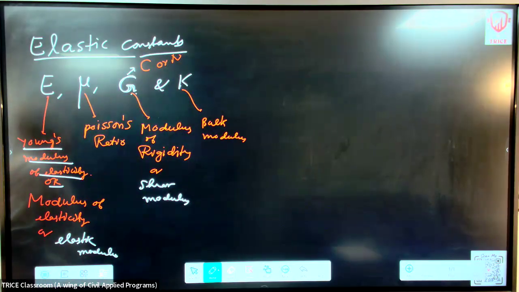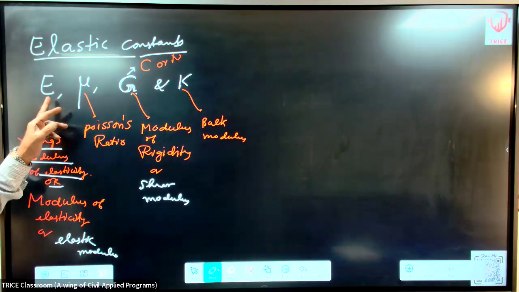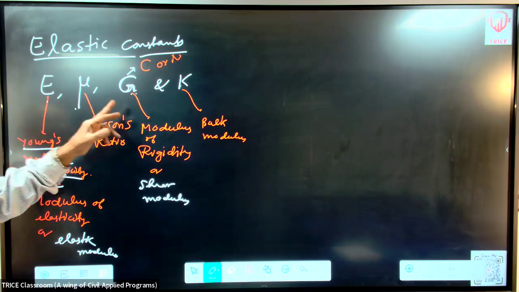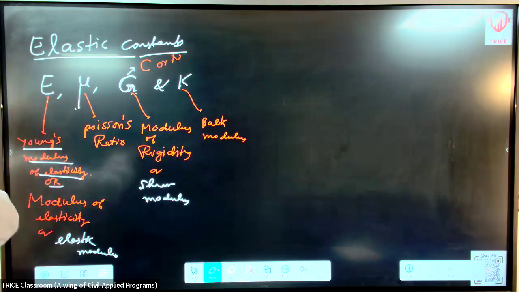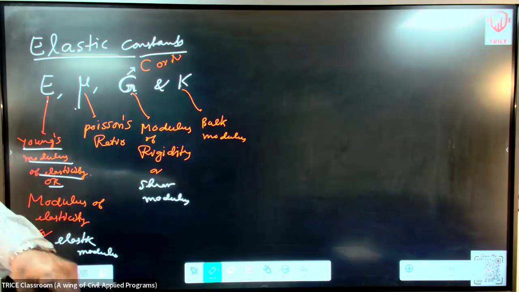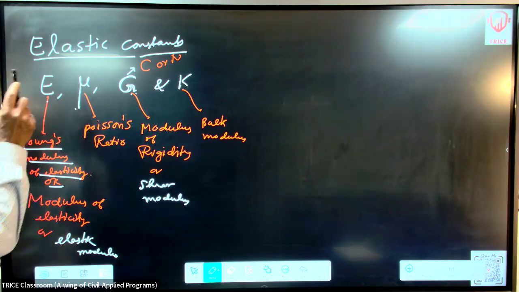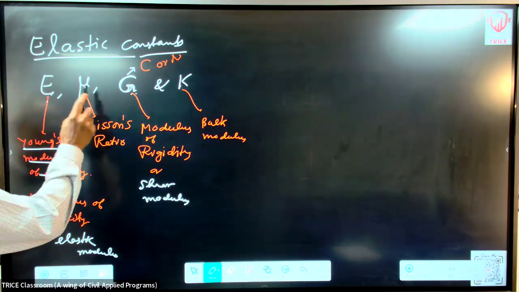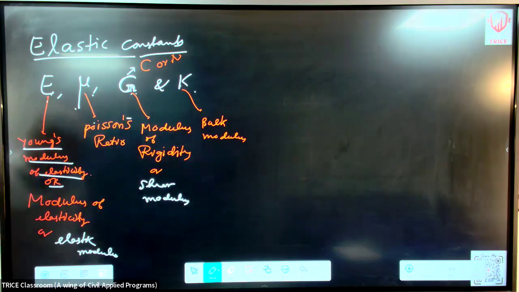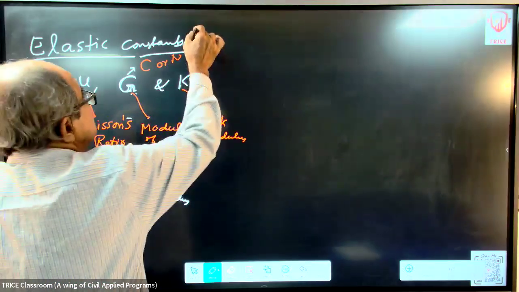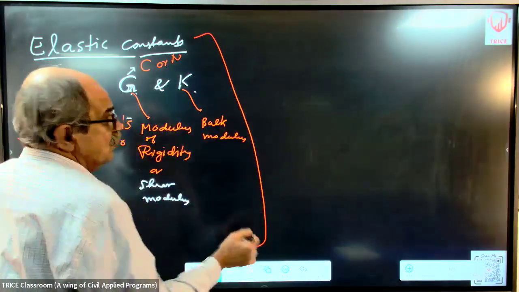But remember, just because they told only elastic constants, I cannot just take E, mu, G, K and start, because in the question paper they ask questions connected with E, mu, G and K. Therefore, from a syllabus point of view, this is it.